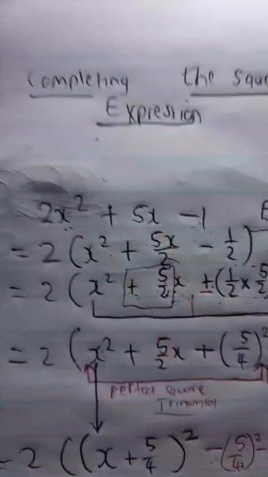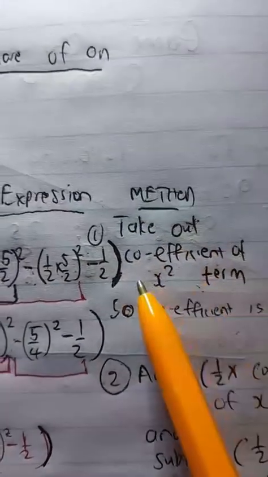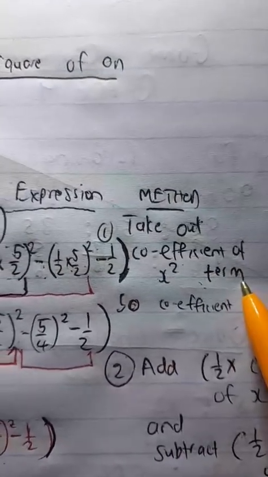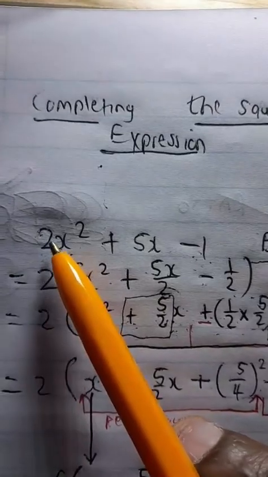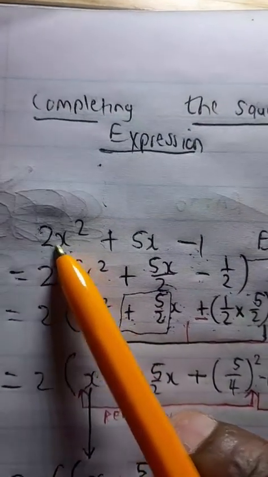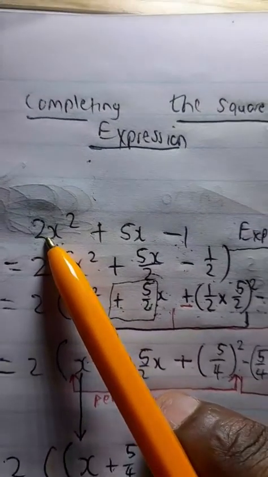How do we do that? We take out the coefficient of the given x squared term. What is a coefficient? It is the number next to the variable x. So the number is 2, and we need to take out 2.